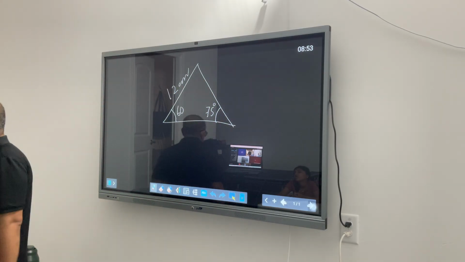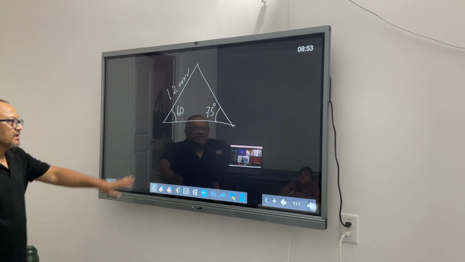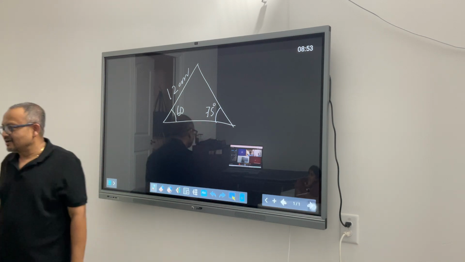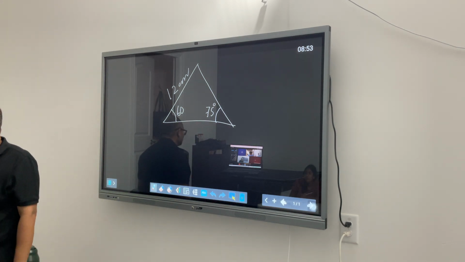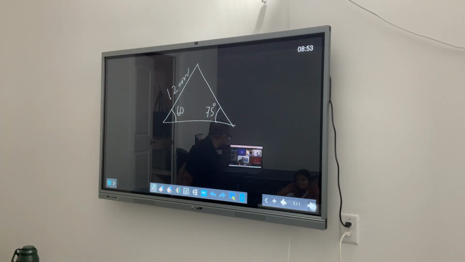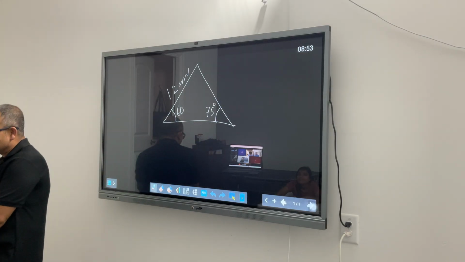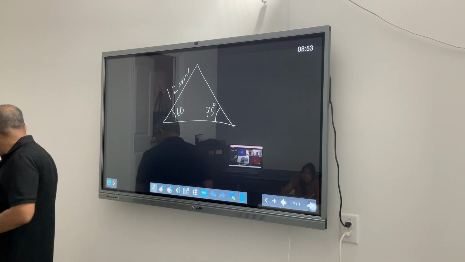So this is what we have here. I want you guys to find out the length of the other two sides. I'll not ask for the angle because that is below standard for you guys. Let's see how much you guys have played with trigonometry in your time so far.